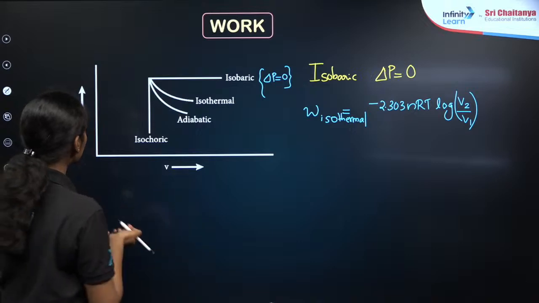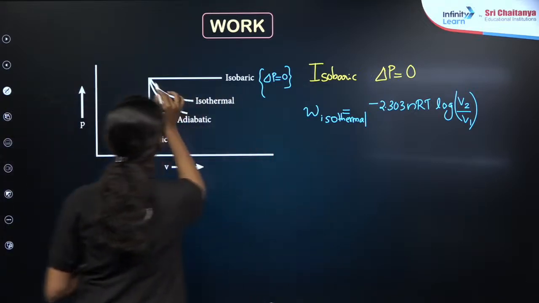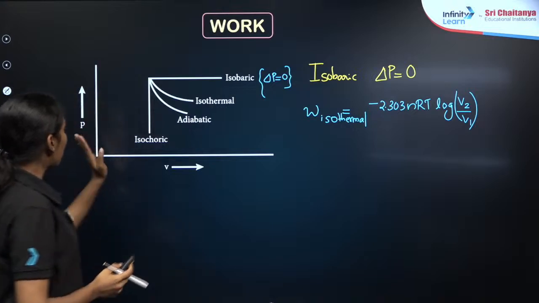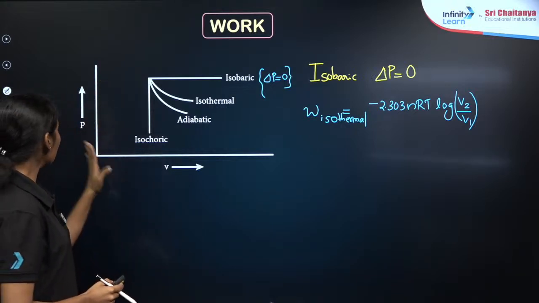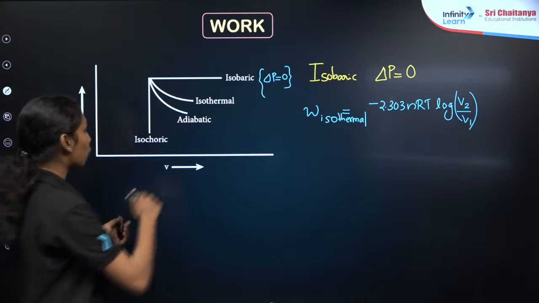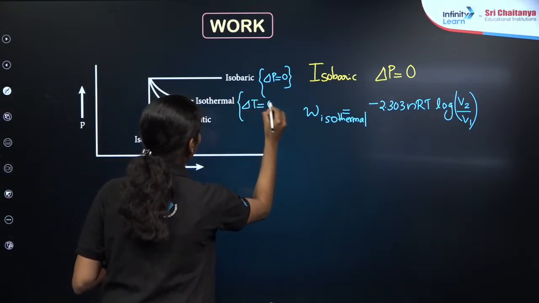So we can draw the PV diagram here. This will be the isothermal process. As the pressure increases, volume decreases, an inversely proportional relation between pressure and volume. This will be the graph for the isothermal process, that is, delta T is equal to 0.